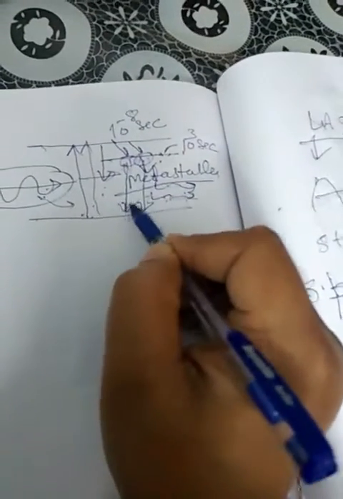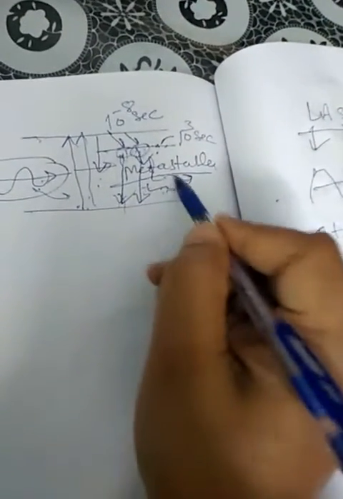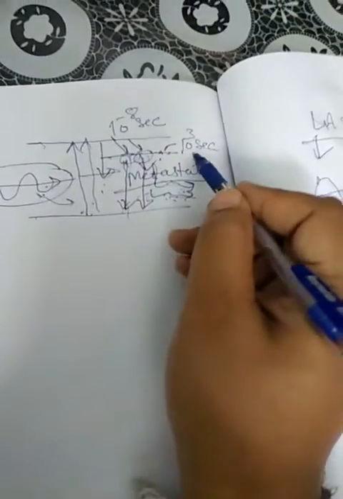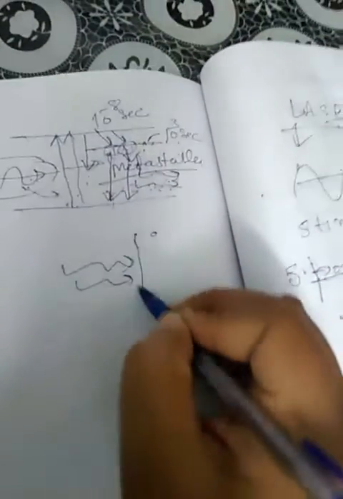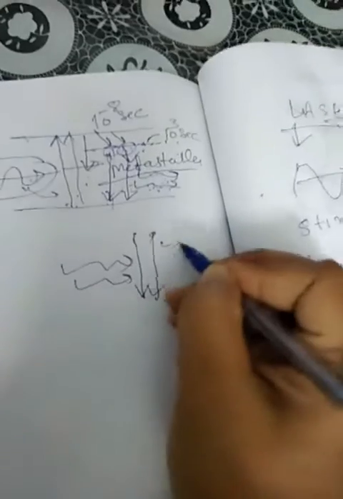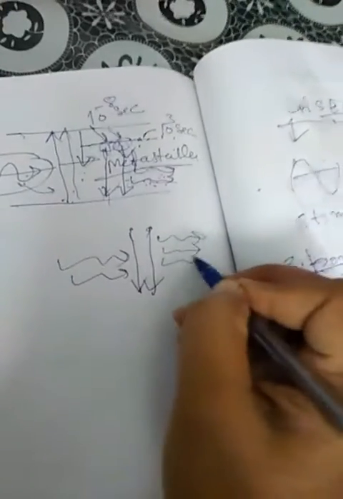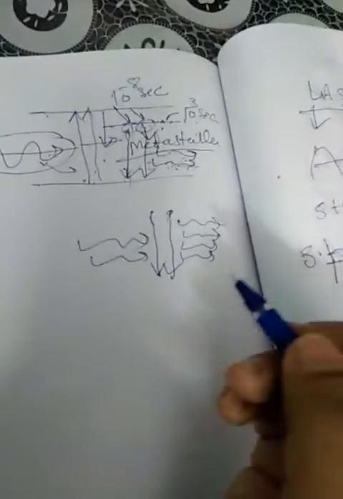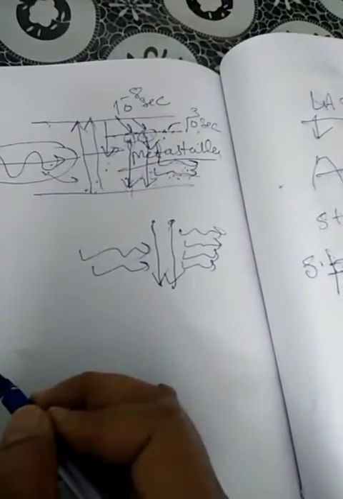One is the partial energy of the incident photon, and the other is the energy emitted by the atom's de-excitation. These two photons can further cause de-excitation of two more atoms, and once they are de-excited, they emit four radiations. This is how the multiplication of photons takes place, and this multiplication is called laser amplification.